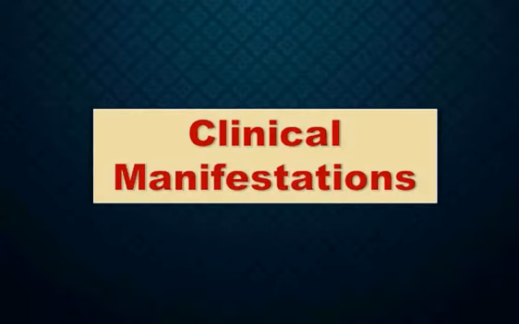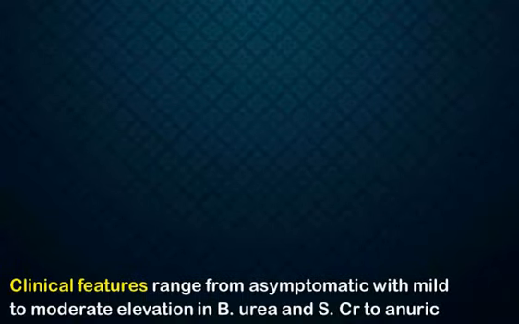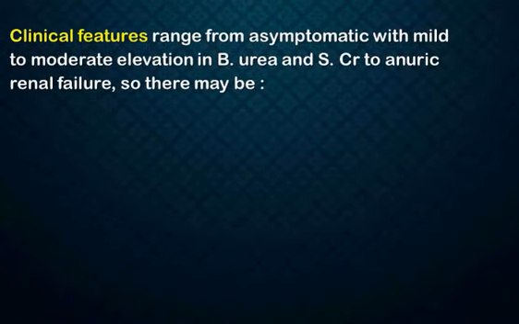Now, the clinical manifestations. As I said, the hallmark is decreased urine output. But the clinical features may range from being symptomatic with mild to moderate elevation in blood urea and serum creatinine, to anuric, not just oliguric, renal failure.